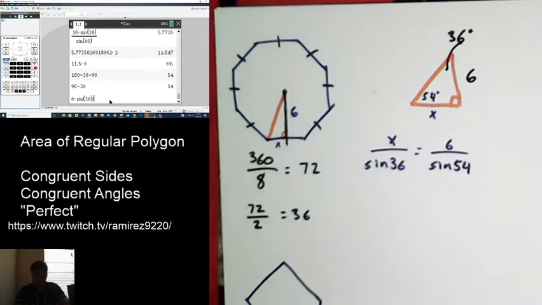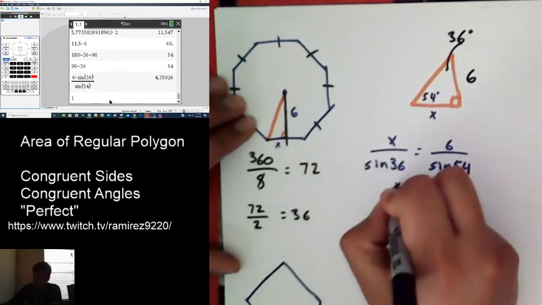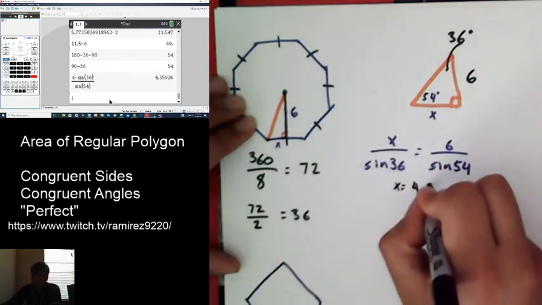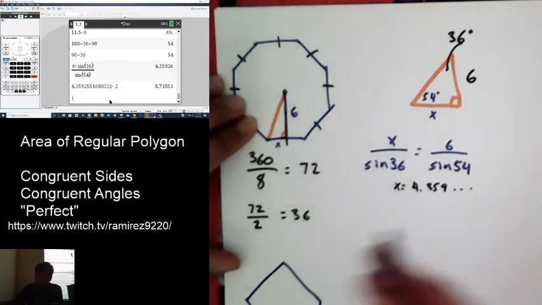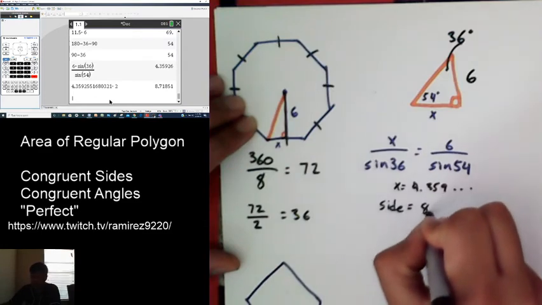So divided by the sine of 54. So I just found out that my half side is 4.359 something, right? And each side is actually equal to 8.7.